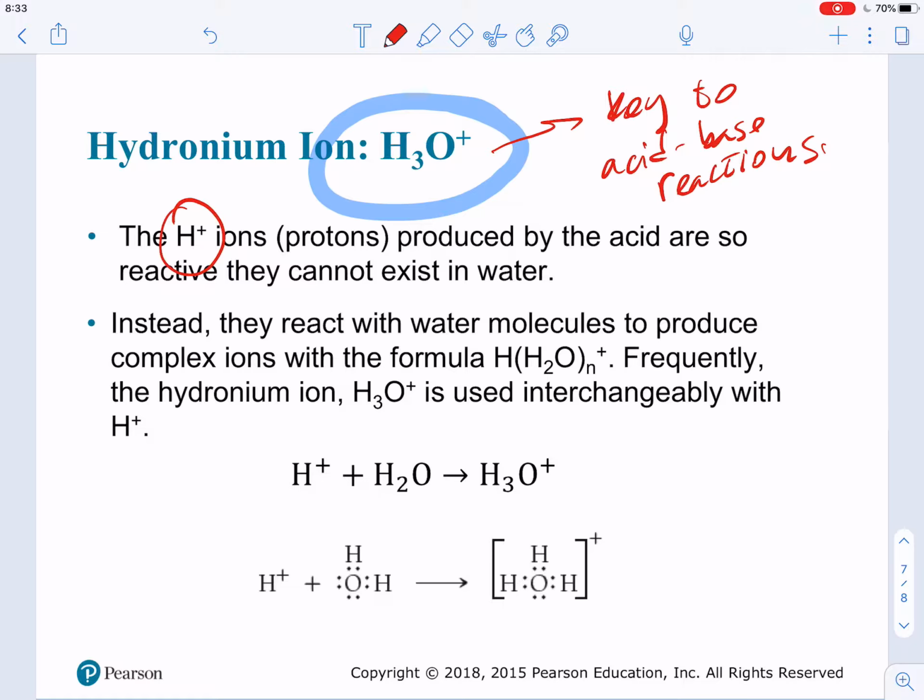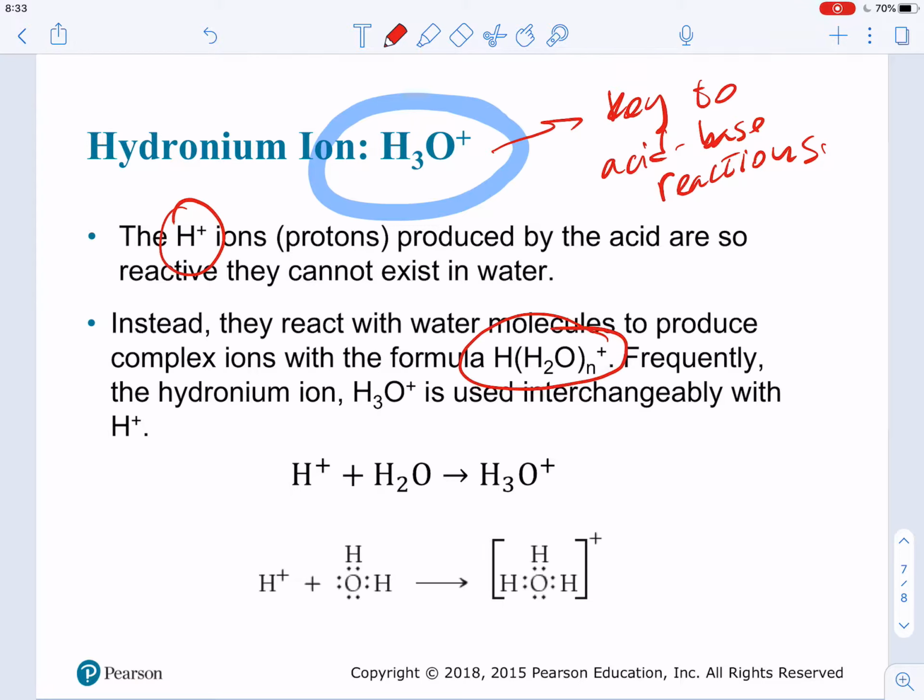So if you have an aqueous solution and you have H plus ions there, they are never by themselves. They are so reactive that they will interact with something else. And what's more abundant in an aqueous solution? Well, water. So they associate with water, and usually they will produce something of this formula.